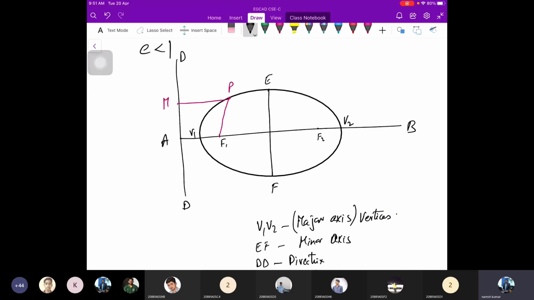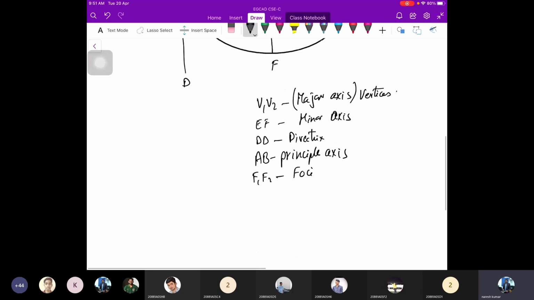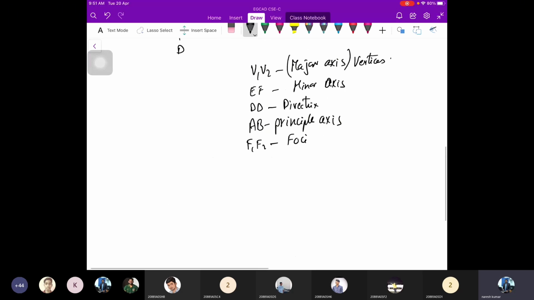Wherever you move this P, if you take the ratio of F1P to MP, it will always be less than 1. That is the eccentricity, we'll call it E, and E should be less than 1. Eccentricity, defined by small e, is nothing but PF1 divided by PM.